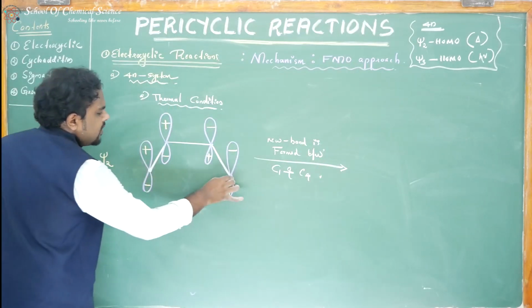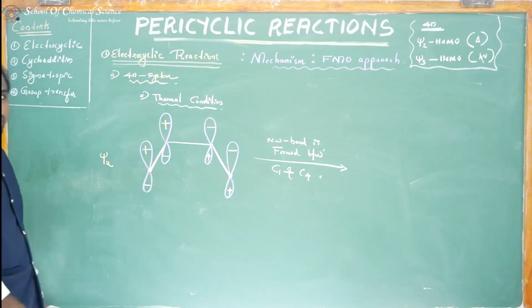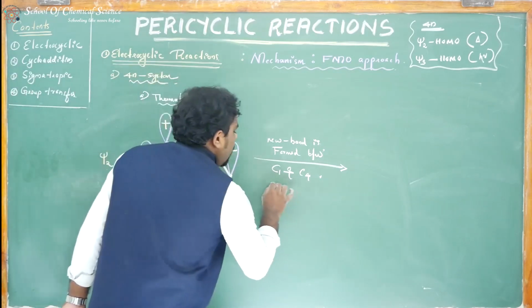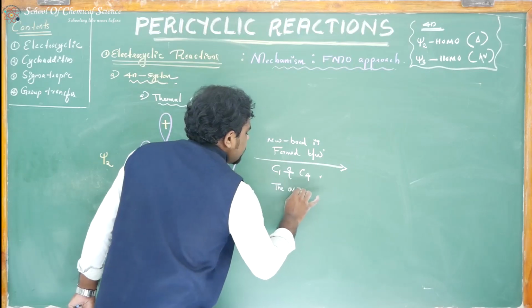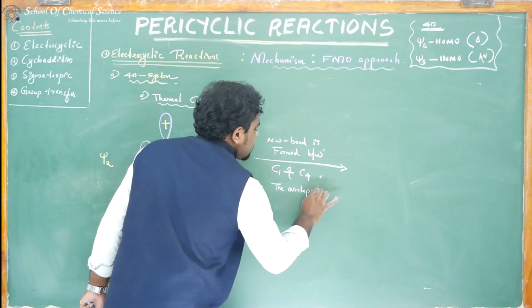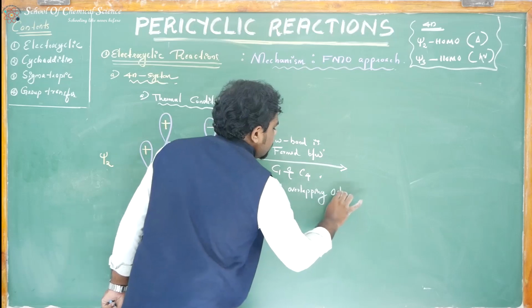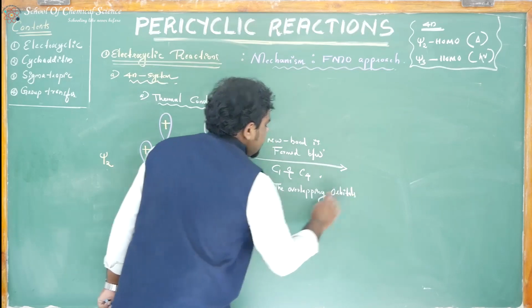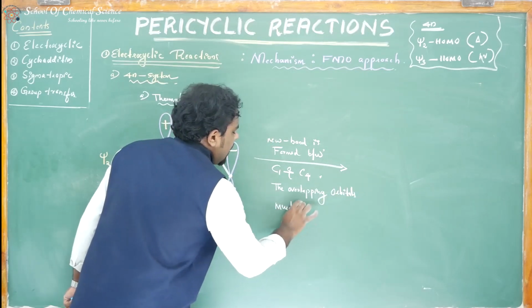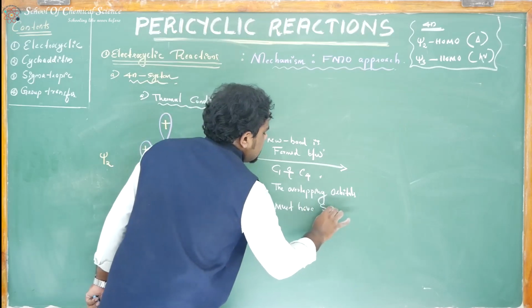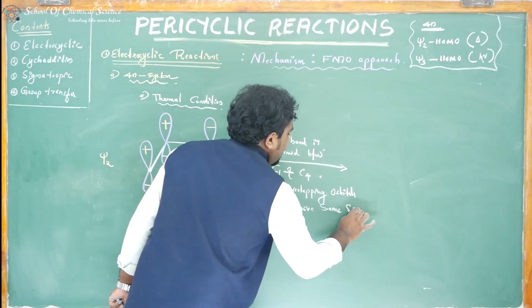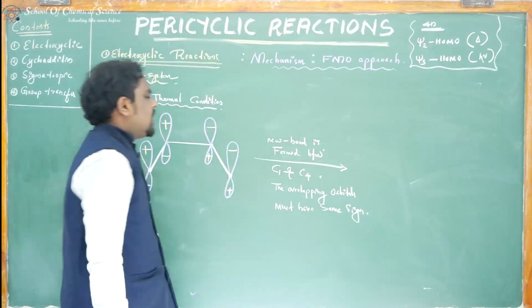This is carbon 1 and this is carbon 4. The overlapping orbitals must have the same sign.